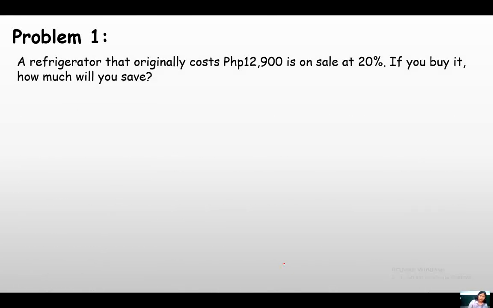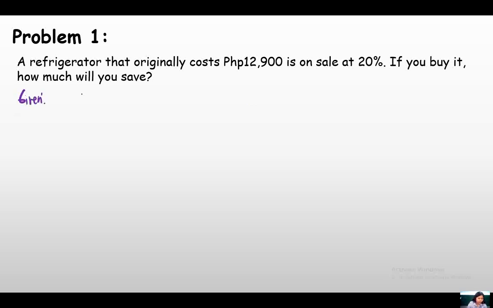Let's have problem number 1. A refrigerator that originally cost 12,900 is on sale at 20%. If you buy it, how much will you save? So you are asking for the discount. First, let's list down the given.